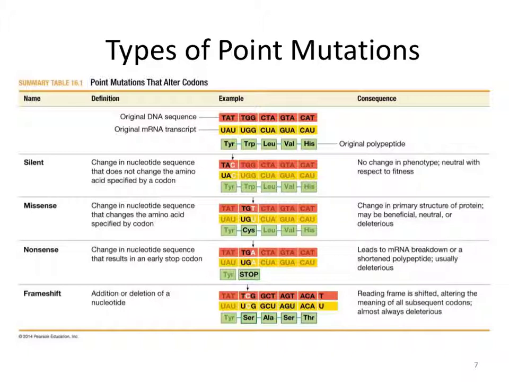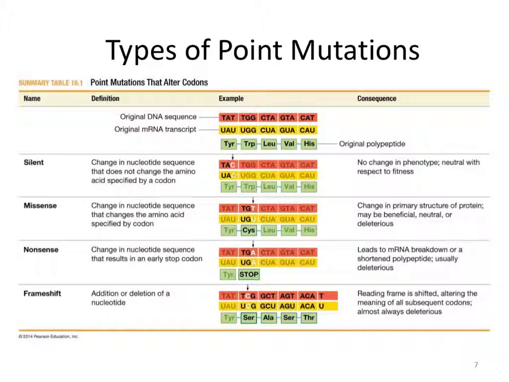A neutral mutation is a mutation that has really no detectable change to the phenotype of the organism and therefore its fitness. That might mean you had a change in nucleotide sequence but no real change in the functional protein; it works about the same.